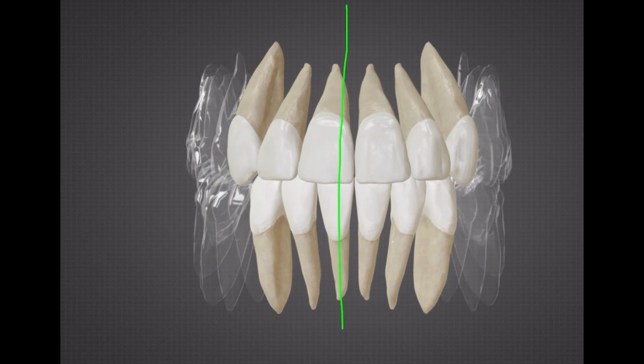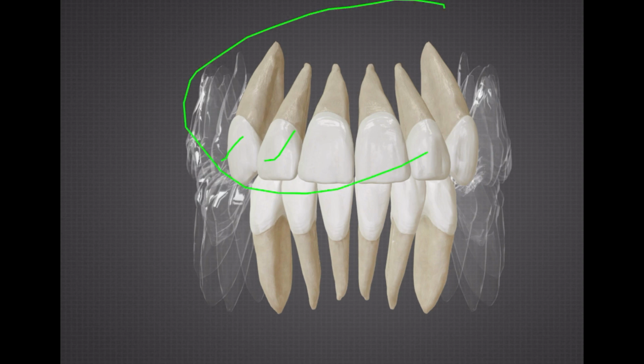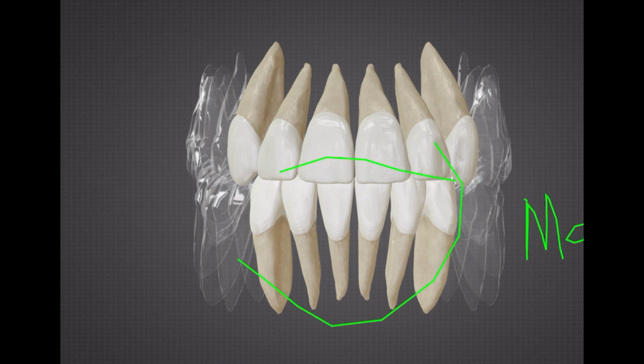I'm sorry if it's not perfect, but these are called your central incisors, the lateral incisors, and the canine. Since these are found in the upper arch, we call them the maxillary teeth. While for the lower, we call them the mandibular.